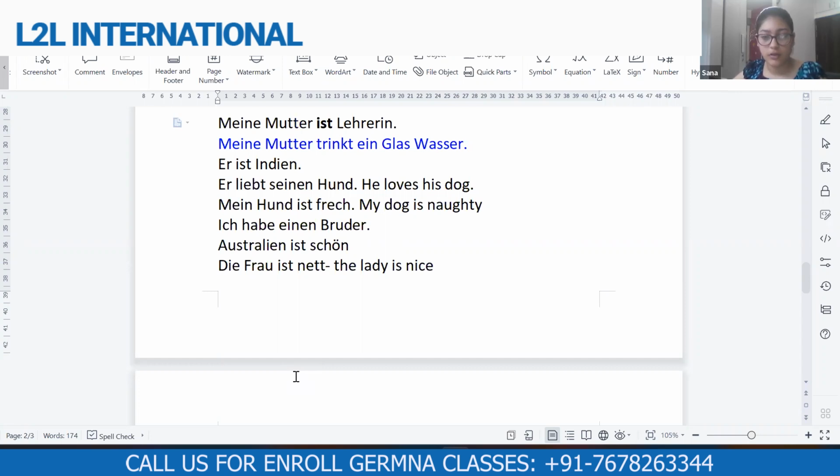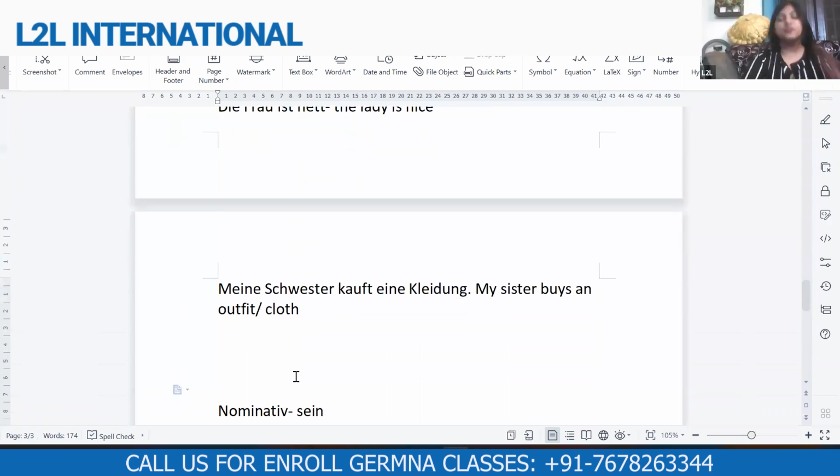Could you please show the last sentence? Meine Schwester kauft eine Kleidung. Kaufen is a verb, which is a regular verb. Kaufen means to buy. Yeah. And this is the first way I told you to differentiate between nominative and accusative. There are some other ways. For example, there are some verbs.